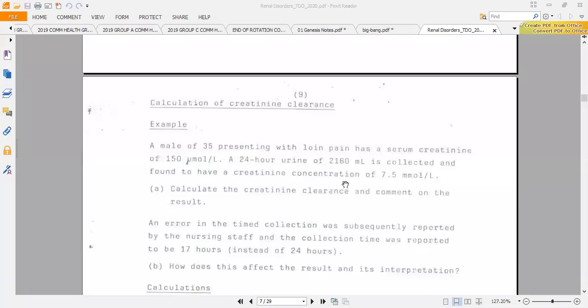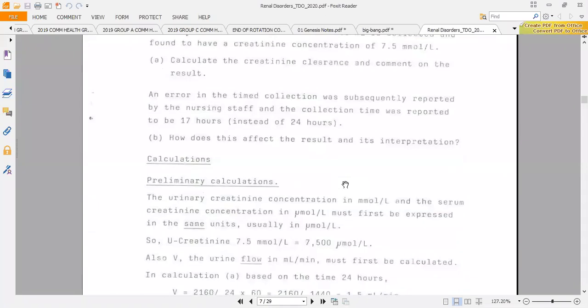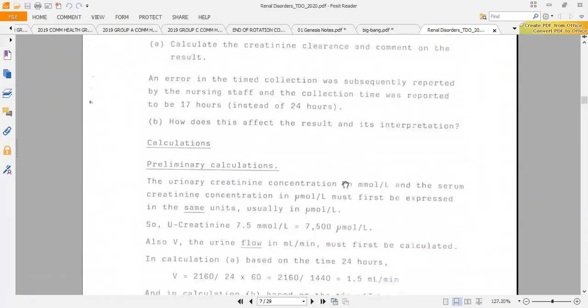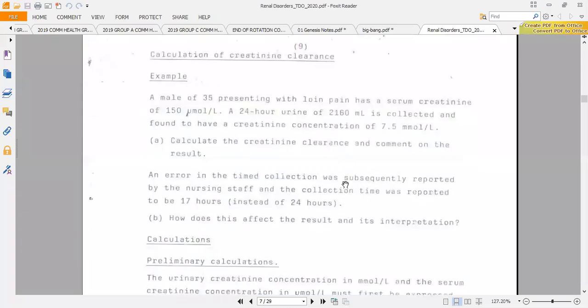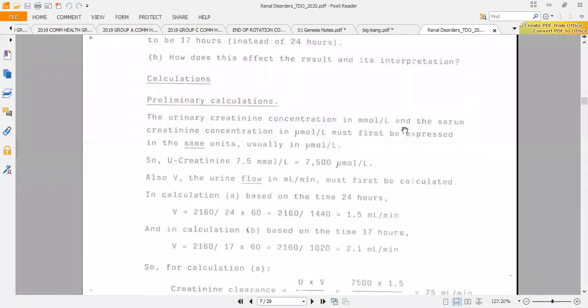So let's go over here. In the solution, they are ensuring that the units are the same, converting all of them to micromoles. They multiply this by 10 to the power 3, so the urine concentration becomes 7,500 micromoles per liter.